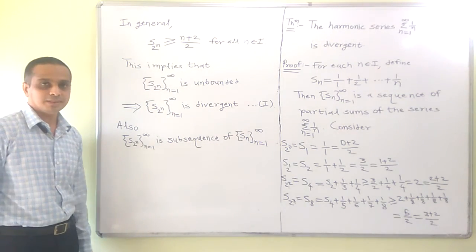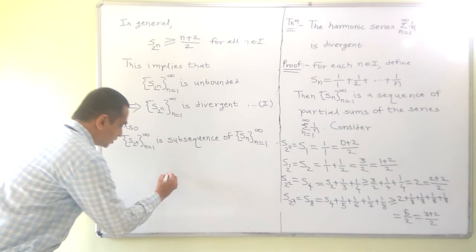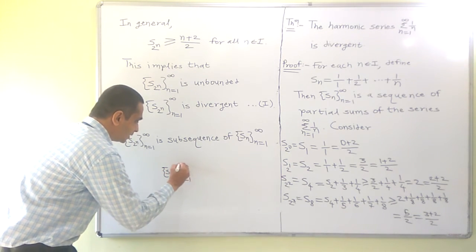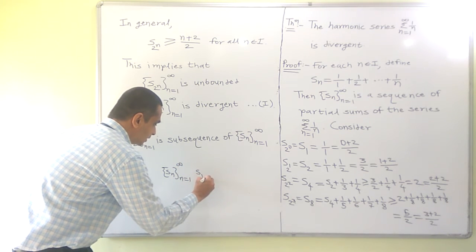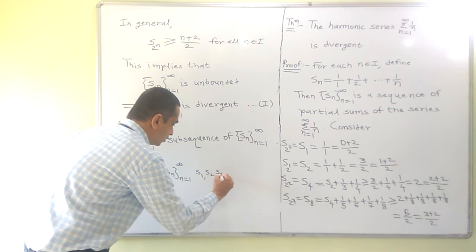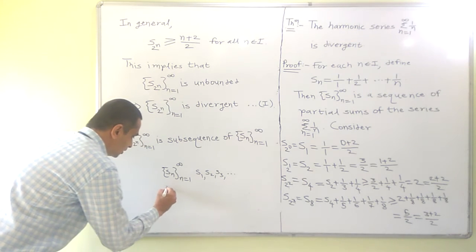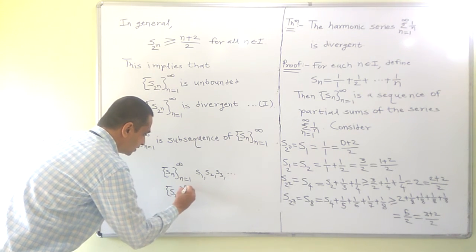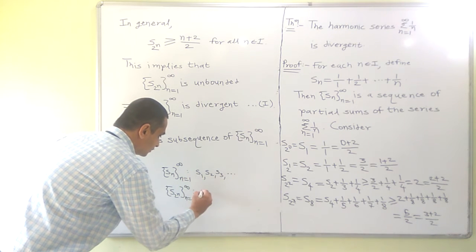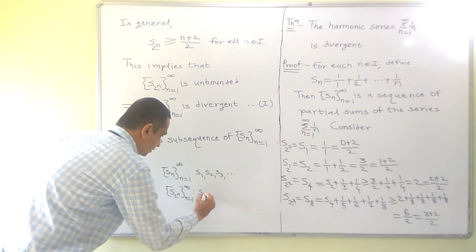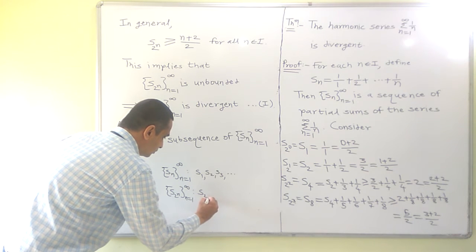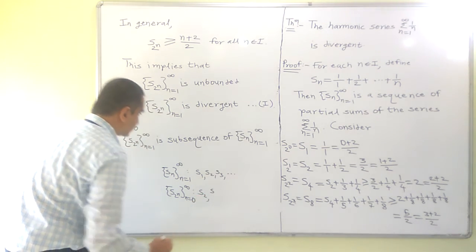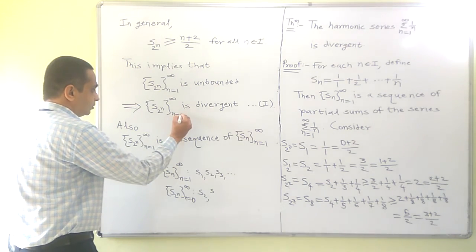Why is it a subsequence? Because what are the terms of sequence Sn? Terms of sequence Sn are S1, S2, S3 and so on. What are the terms of sequence S2 raised to n? Its terms are S2, and if I take S0, I could write it as 0 as well.